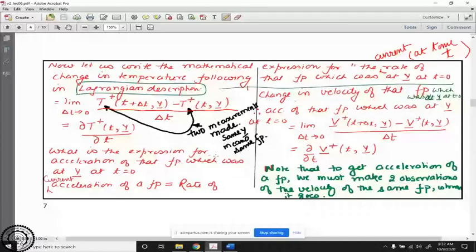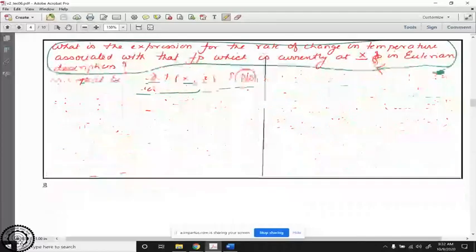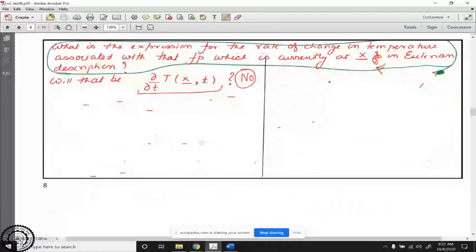Moving on. I ask a similar question, not the same question, but a similar question in the Eulerian description. What is the expression for the rate of change in temperature associated with that fluid particle which is currently at x? So mind you, in Eulerian, you can do only this much. You cannot identify a fluid particle because it is not an independent variable.